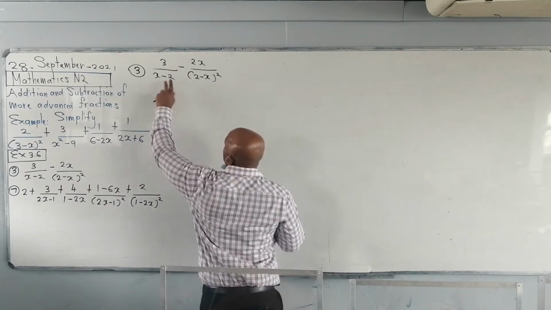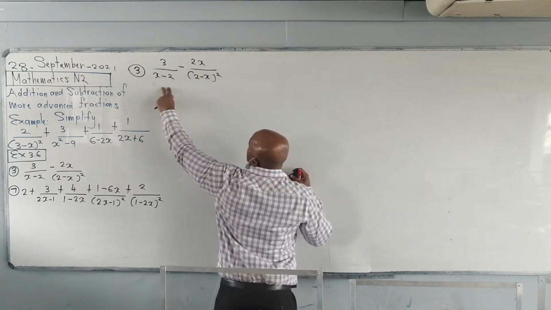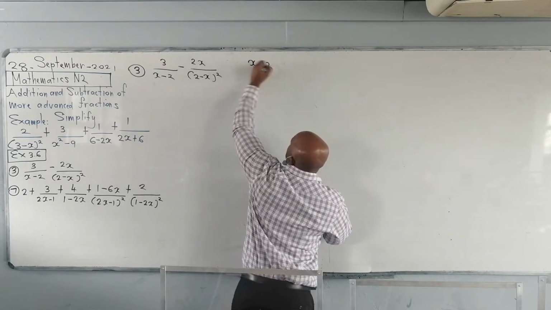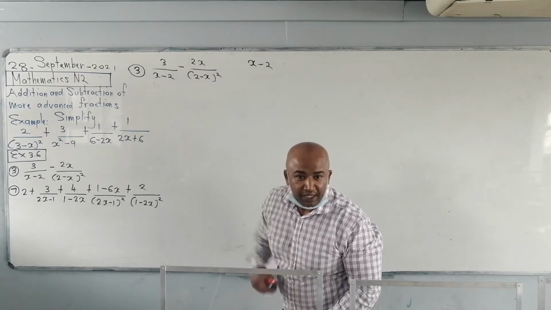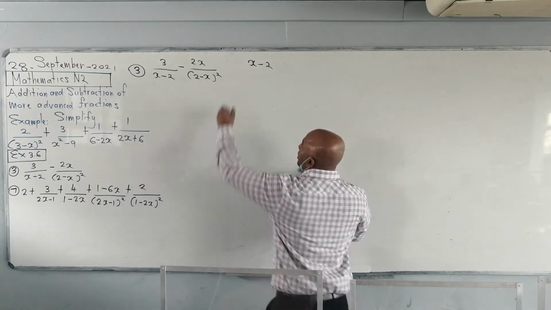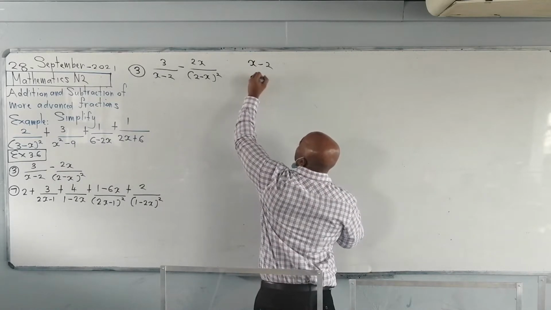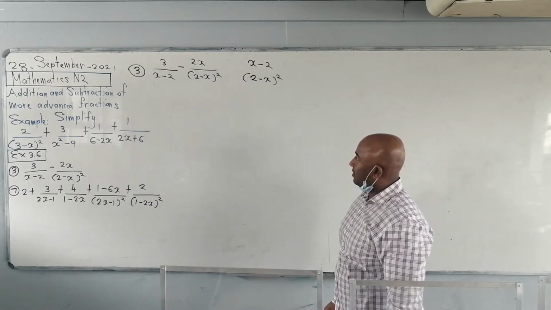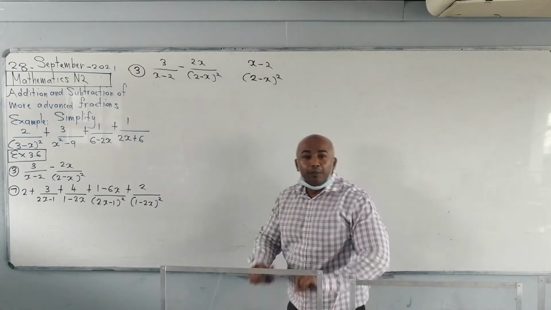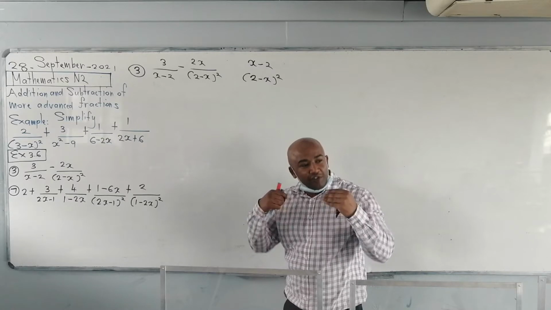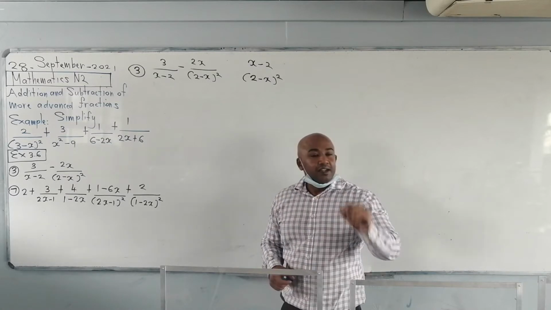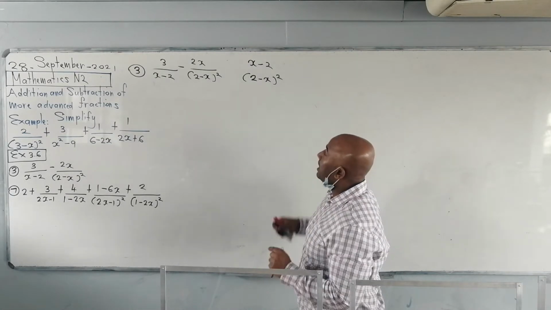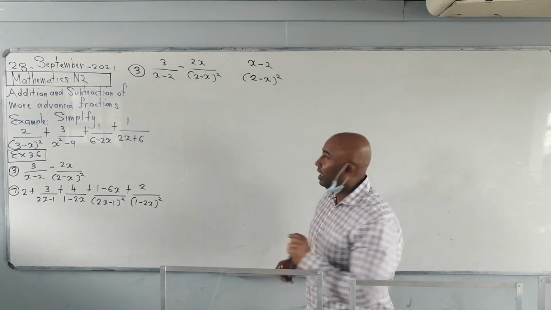If you look at the denominators, the first denominator is x minus 2. The second denominator is 2 minus x all squared. These are completely different if you leave them as is. If you multiply these two denominators, watch what will happen.